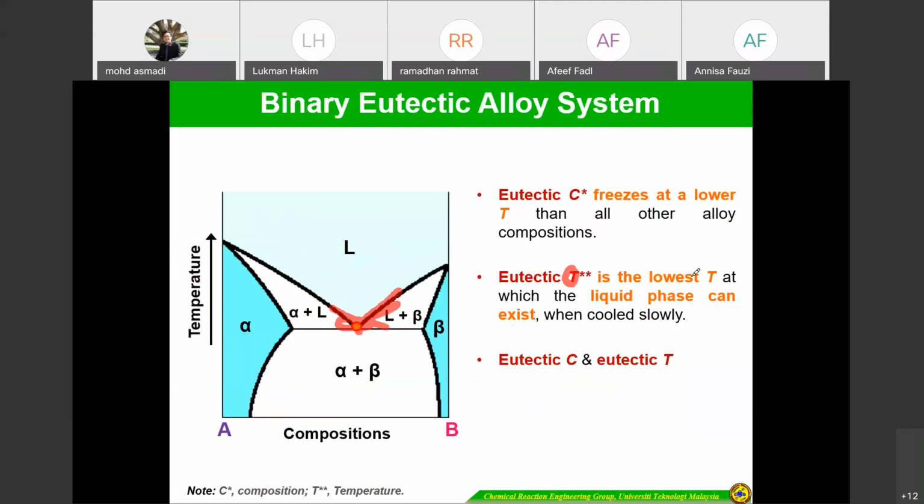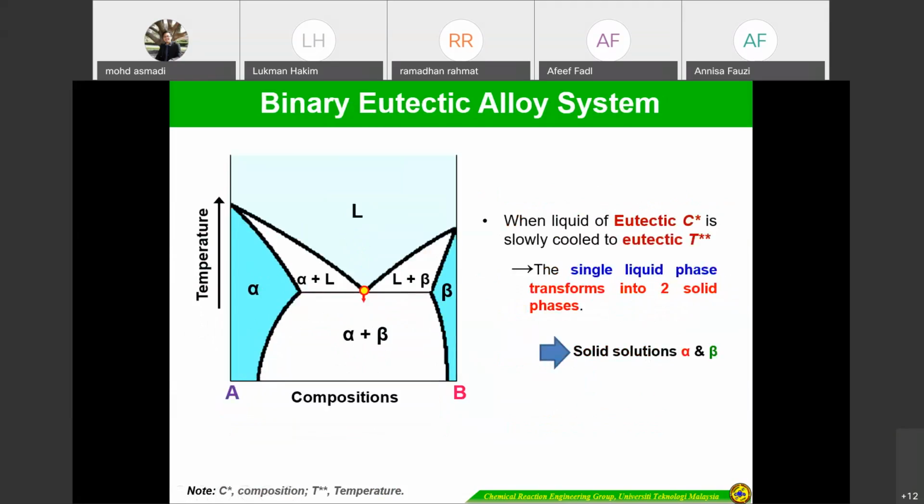The eutectic temperature, T E, is the lowest temperature at which the liquid phase can exist when cooled slowly. That means from liquid to solid at this point. So eutectic composition and eutectic temperature together we call the eutectic point. Similarly to the general phase diagram, the degree of freedom is equal to 0.